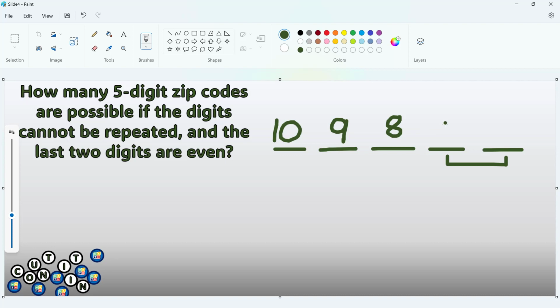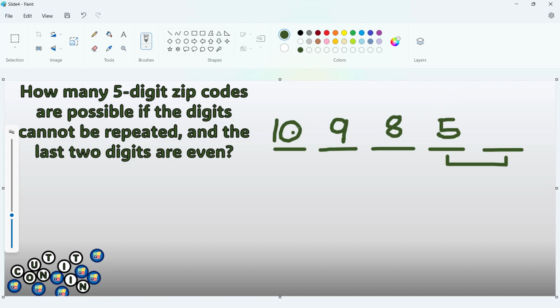But you cannot say 5 here even if you're thinking about the last 2 digits being even, because there are only 5 even numbers if we consider 0 as even, and if 0 has been used here or 2 has been used here, this should not be 5. This is 4.